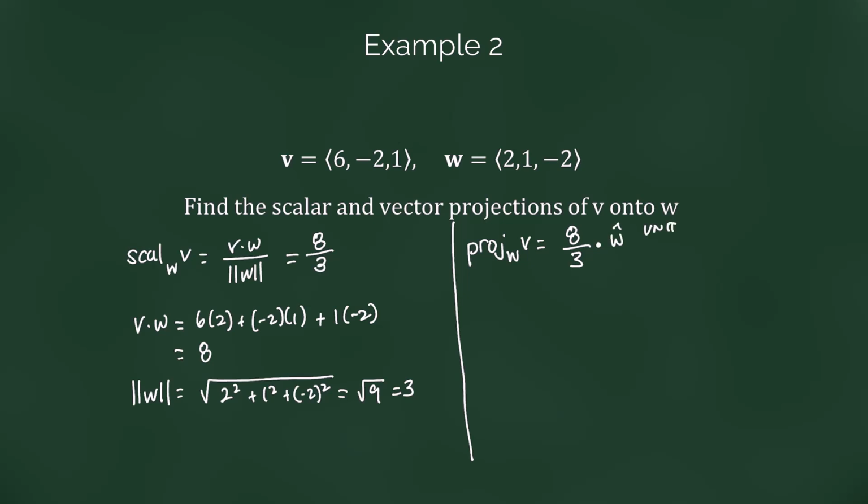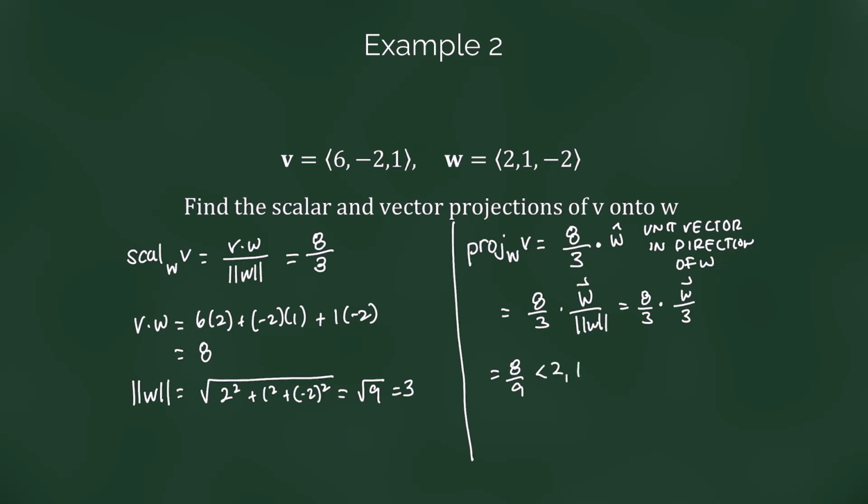That's the unit vector in the direction of W. Which is 8/3 times the vector W divided by the magnitude of W. So we get 8/3 times W divided by 3. So we're going to take 8/9 times each of the components of W to get the vector 16/9, 8/9, negative 16/9.